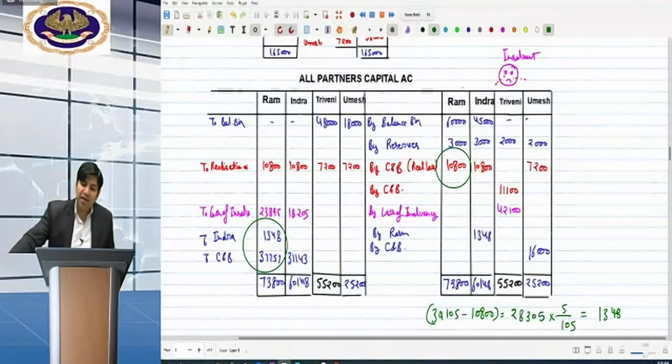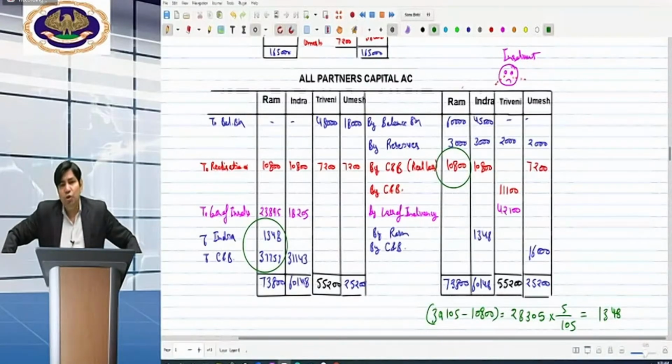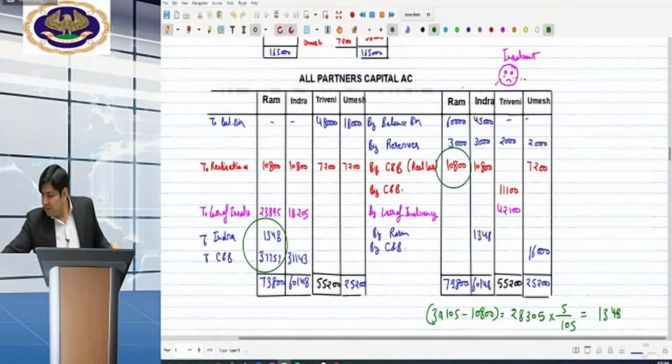Beta, actually in practical life, the amounts are dealt with net. These are just book entries to follow the concept of Gardner versus Murray. The commission is to be calculated on the net amount, because if Ram will be paying Indra on the amount he is receiving, he will not share any commission on the same amount which he just brought, that is 10,800. That's the reason for commission calculation, the amount is to be netted off. Okay, beta? Prachi, answer me whether your doubt is clear or not.